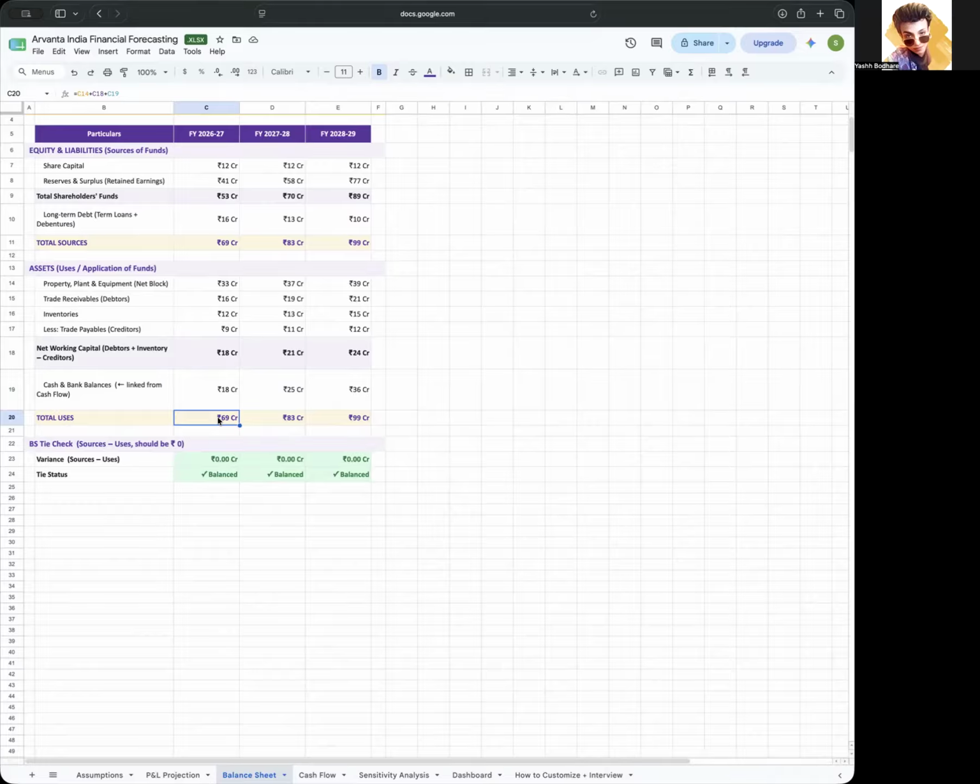So the formula, as you can see, is PPE plus net working capital plus cash. That is C14 plus C18 plus C19. That is 33 crores plus 18 crores plus 18 crores. That's around 69 crores. Okay, perfect.